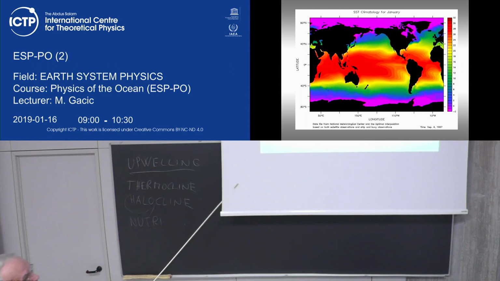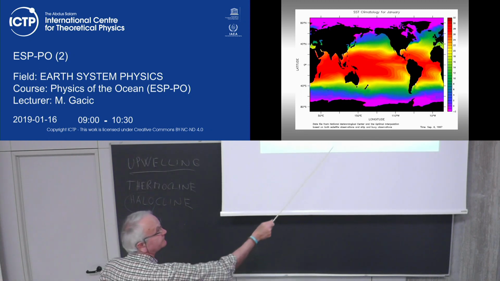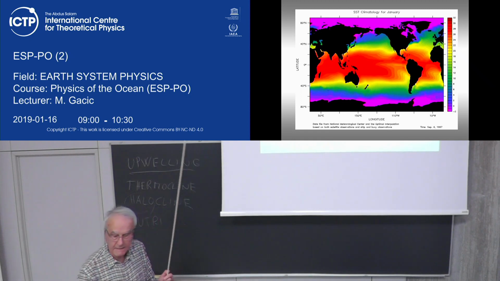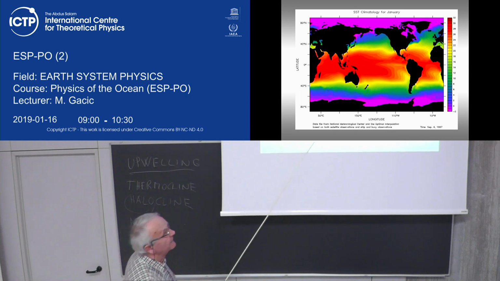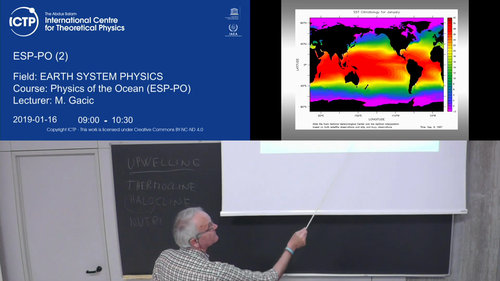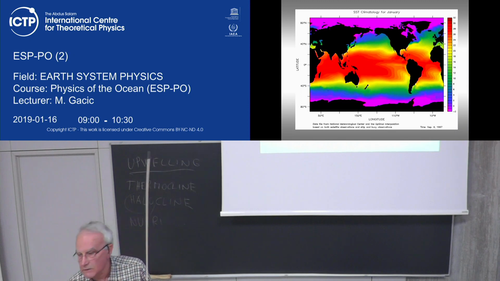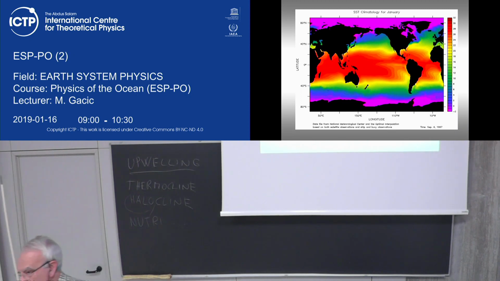And so again you see similar behavior of different oceans, symmetric in a certain sense, because the eastern parts of these oceans, or eastern coast of these oceans, are characterized by the presence of the coastal upwelling.